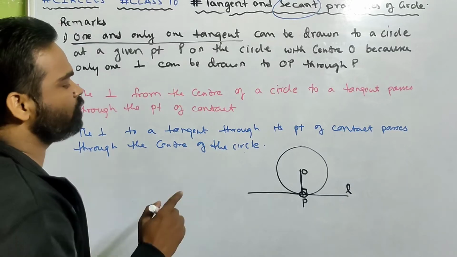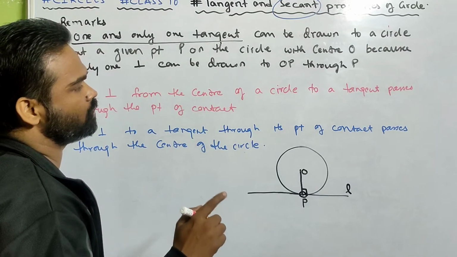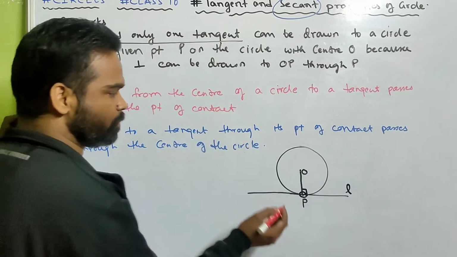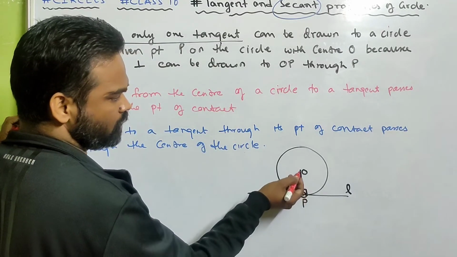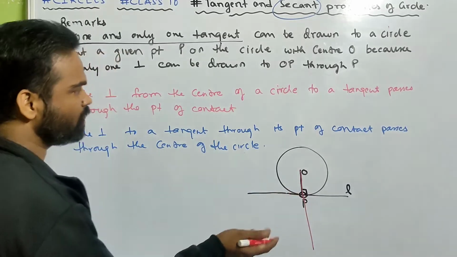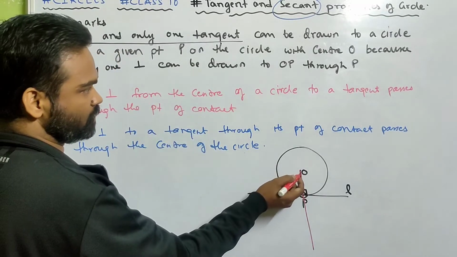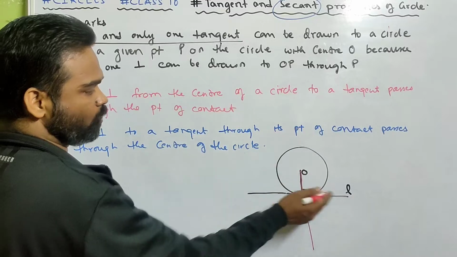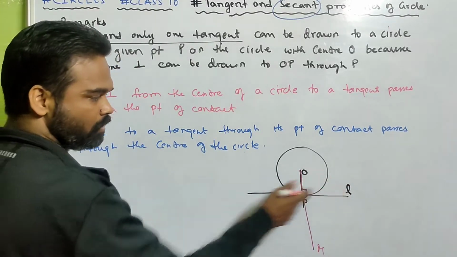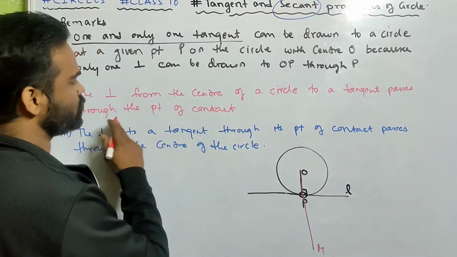Next, let me see what they have given. The perpendicular from the center of a circle to a tangent passes through the point of contact, which means if you just extend this, the perpendicular from the center of a circle to a tangent, this OM is perpendicular to the tangent, it passes through the point of contact.